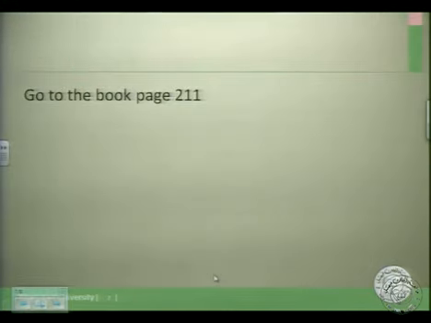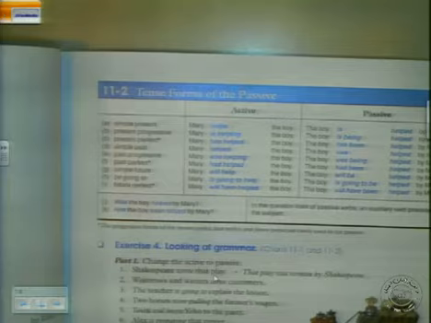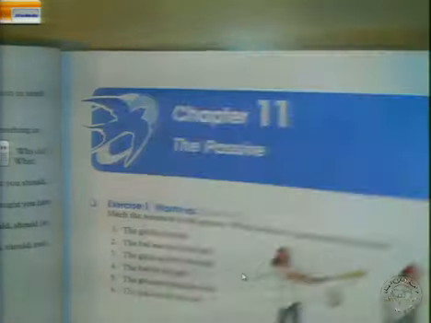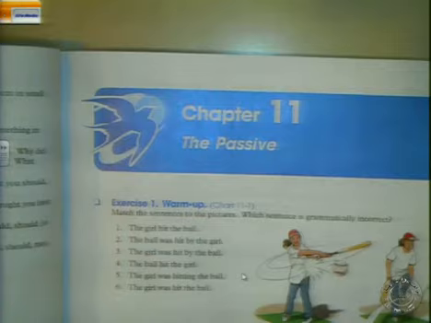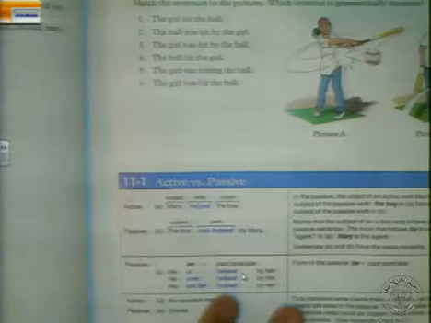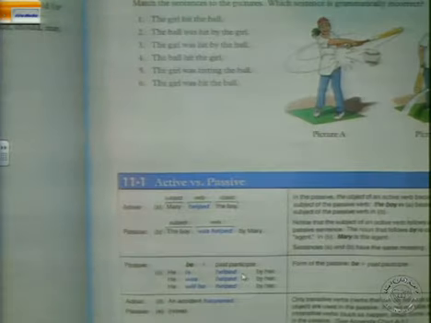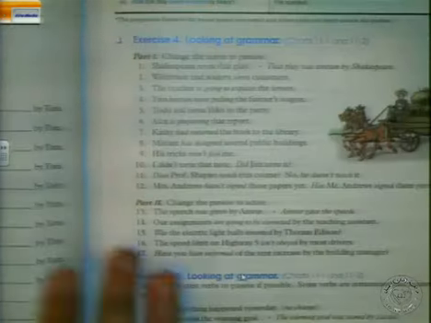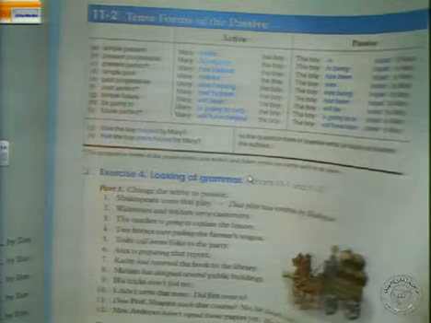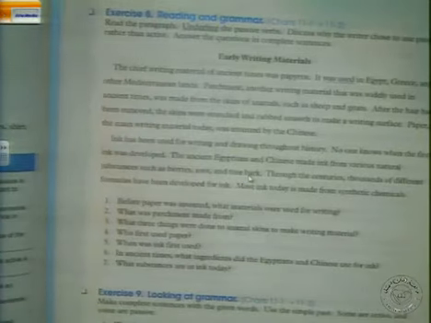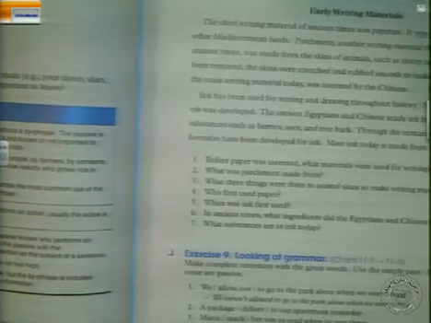So let's go to the book, page 211, where we are going to see the passive voice, chapter 11, page 211. So here you will see what I explained to you, active versus the passive voice, and then on page 213 you will see the table that I just showed to you, and then you will see some exercises on pages 214 and 215.